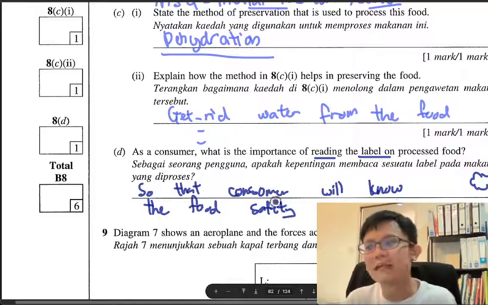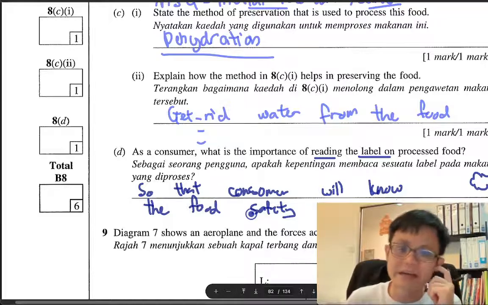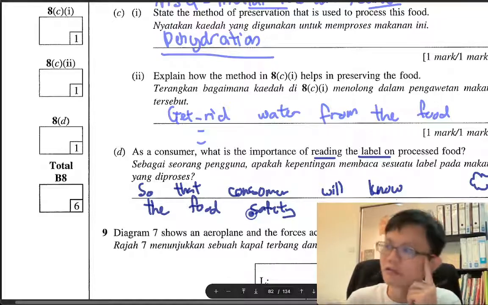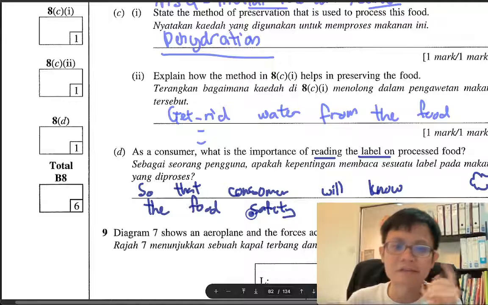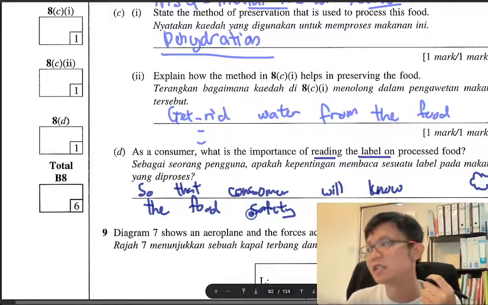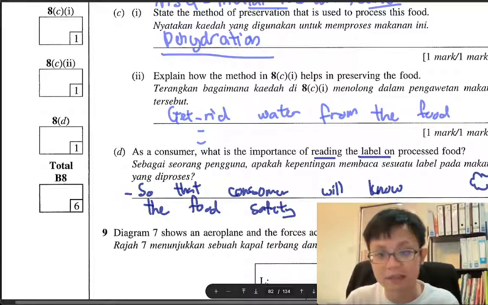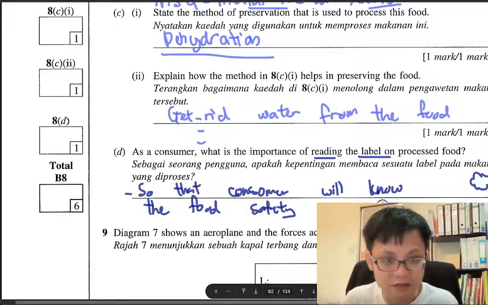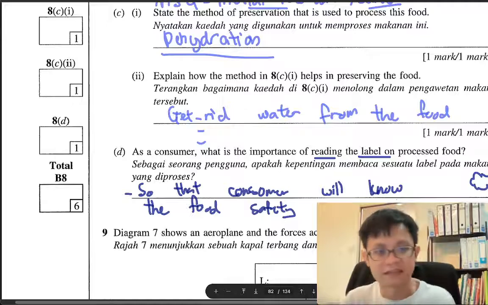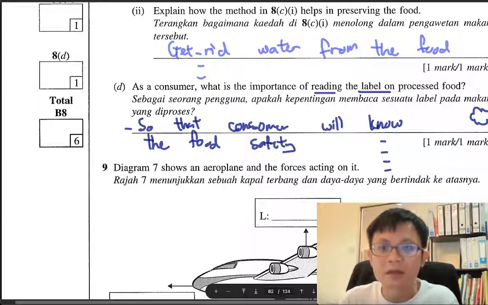Okay, so many things you can say. To know the expiry date, to prevent food poisoning, to prevent allergy, to prevent being cheated. There are many answers you can write, up to you. So this one has a lot of answers, so that you can understand.